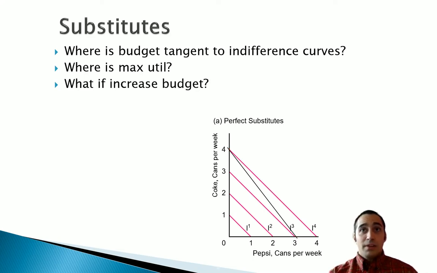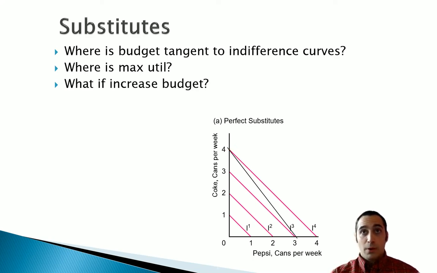Second, let's think about our maximum utils. So I guess we could think about this point, we could think about this point, and we could think about any point in between. So I'll label these A, B, C. Which one of these gives me the most utils, and how do we know?